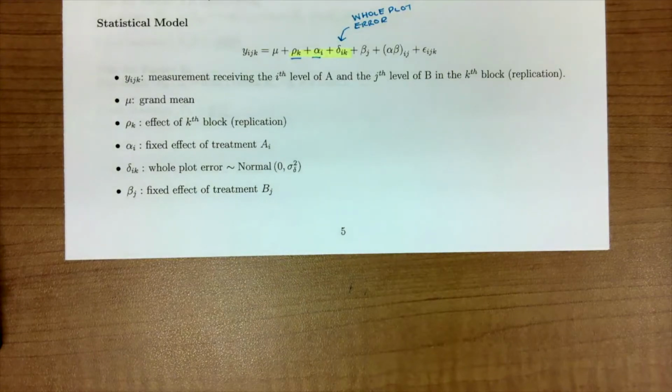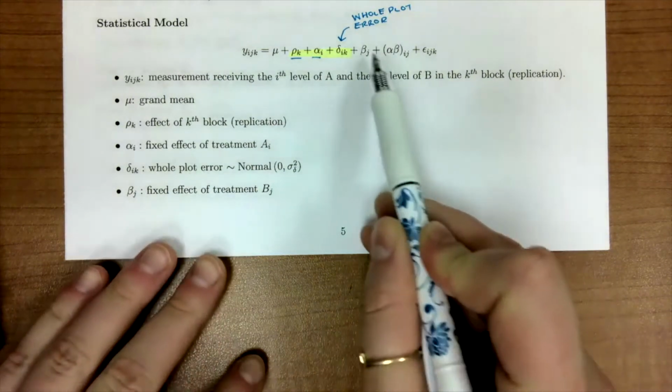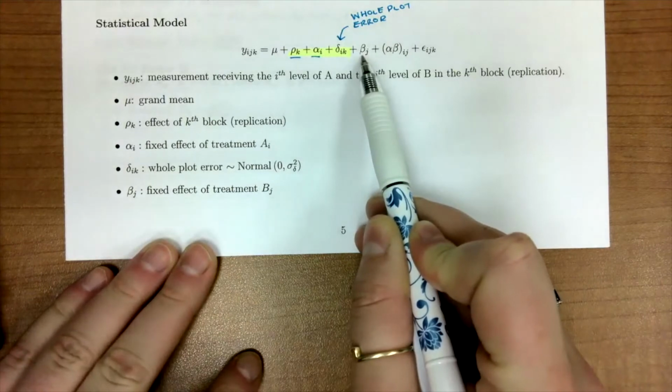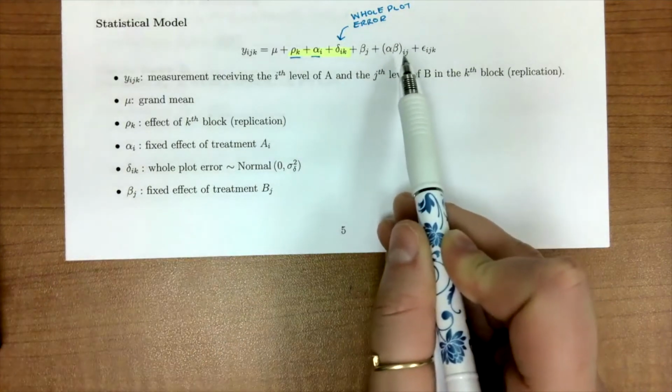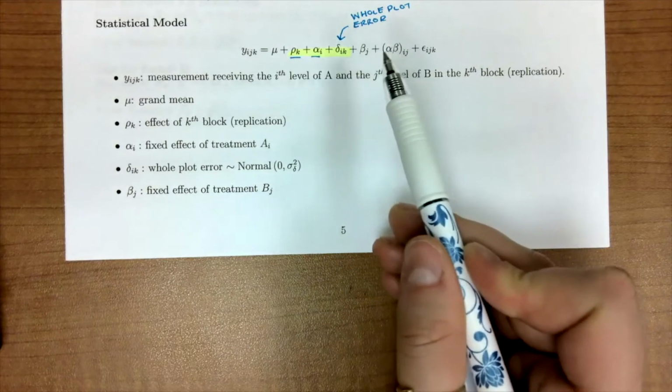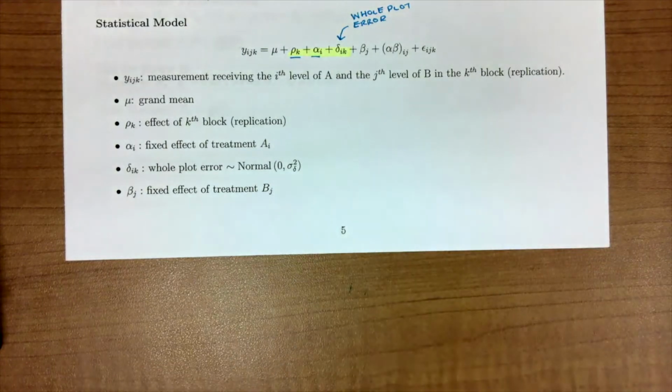We also have inference at the subplot level, which is the factor that is easy to change. The subplot levels are going to be represented with B, which is our treatments of B. Our interaction term, the interaction is at the subplot level, which is important to note because as we start to look at our analysis and try to figure out what F-test we need to do, when we look at our expected mean squareds to figure out what our denominator is, this is going to become important.